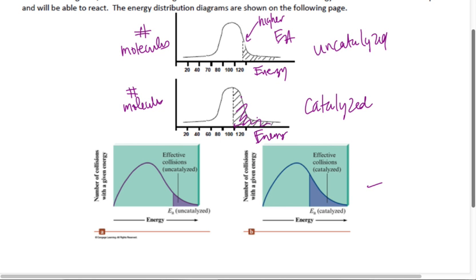Why does the amount of molecules what? It's a Boltzmann distribution. As reactants, the more energy you have, more of them have energy. I don't want you to think of it as a curve. It's not like a function.